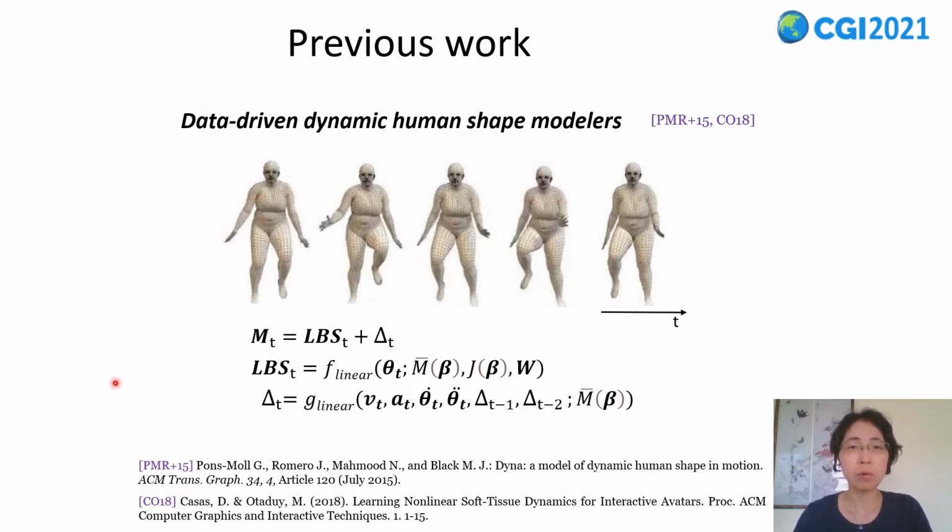The linear component models the identity and pose-dependent part, which is basically linear blend skinning as a function of the pose vector theta. The remaining residual, including the dynamic skin deformation, is modeled as a function that takes inertia parameters such as velocity and acceleration, and the residuals of two previous frames as input.